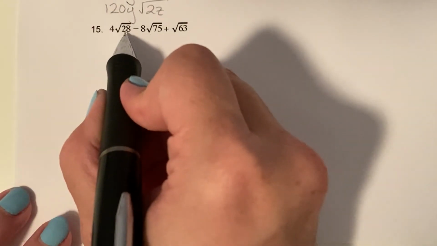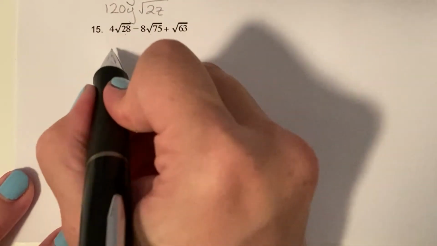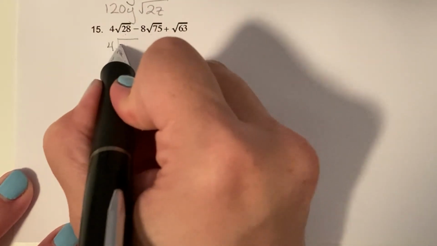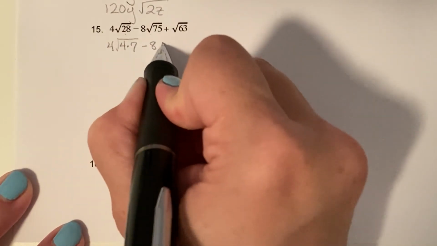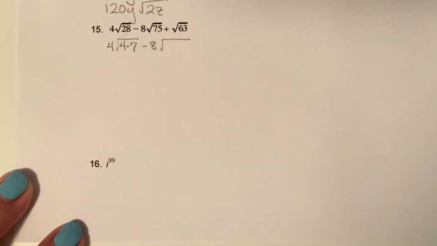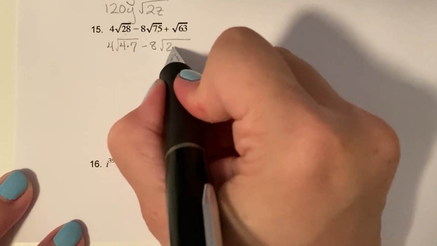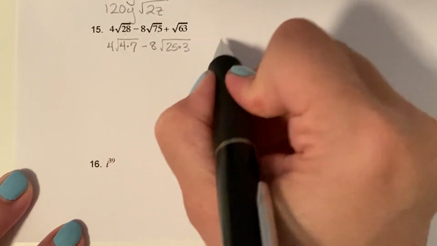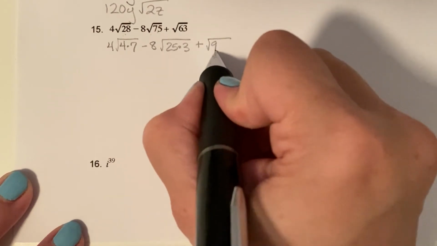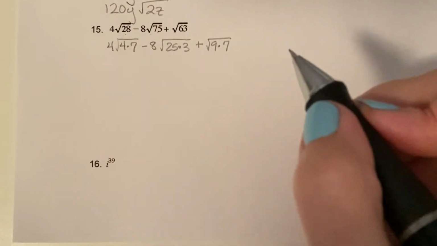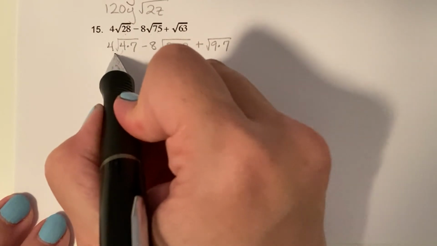So what perfect square can go into 28? That'll be 4 times 7. What perfect square can go into 75? 25 times 3. And what perfect square can go into 63? 9 times 7.